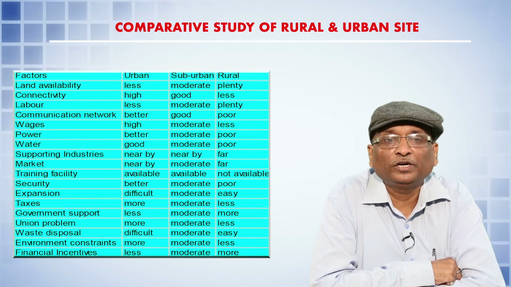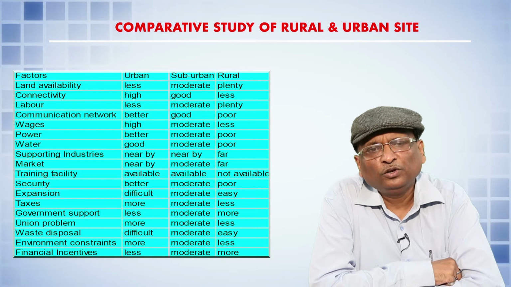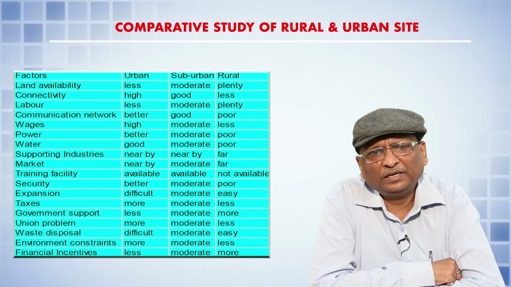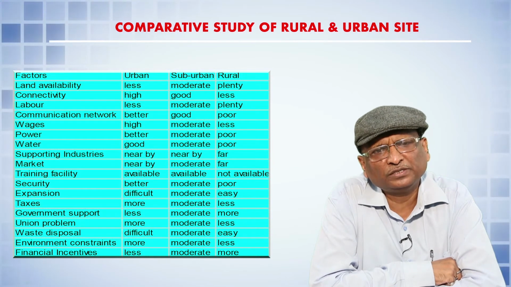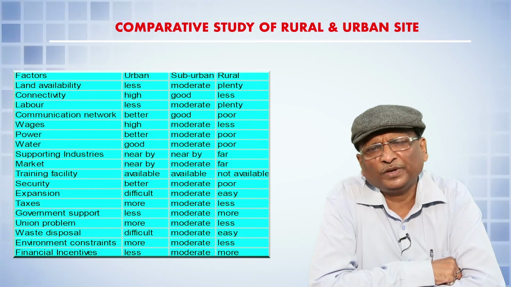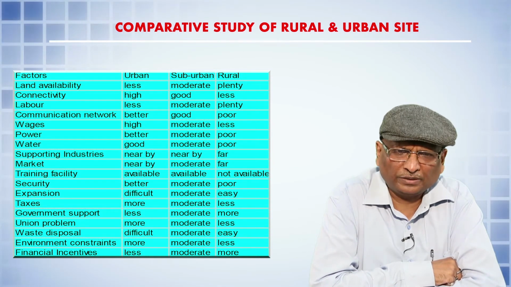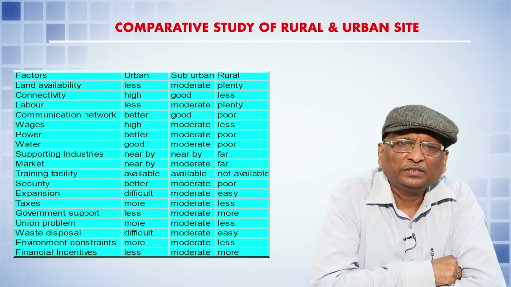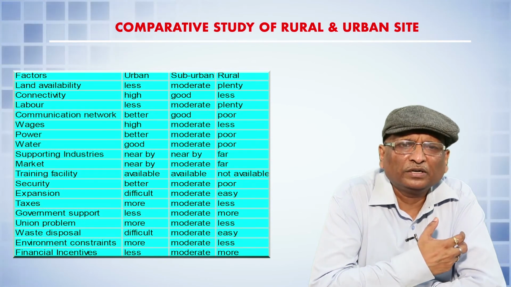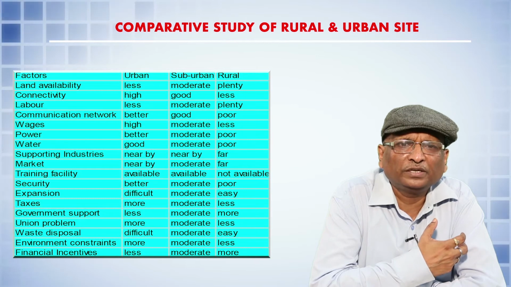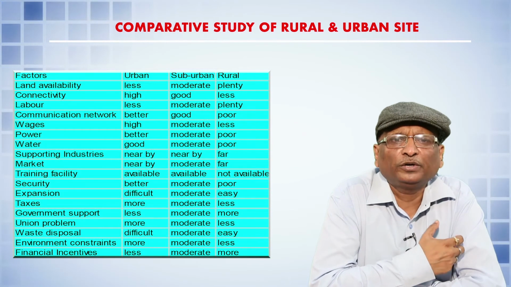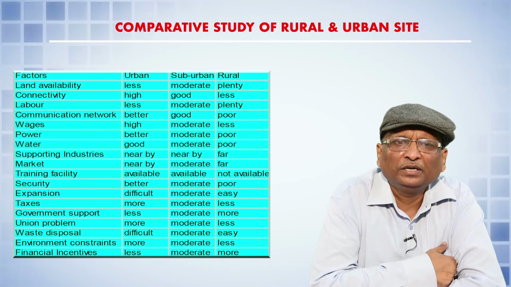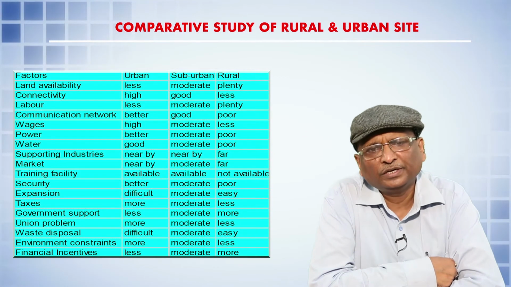Now, another important point is union problems. You will find that a particular area is famous for a specific attitude of the person. That means the attitude of the person or the attitude of the population also gives a very important consideration in making the facility location decision.